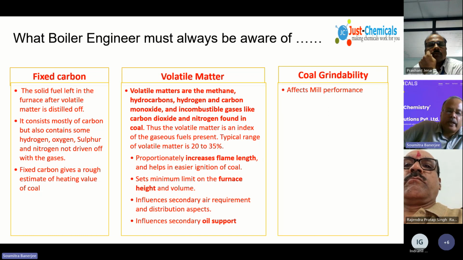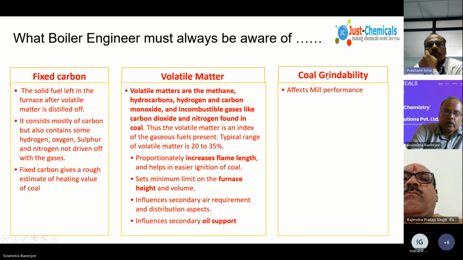Such limit of the furnace height influences secondary air requirement and secondary oil support. Coal grindability index affects the mill performance.